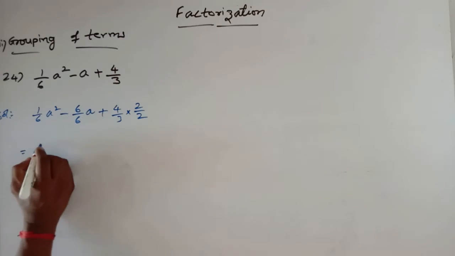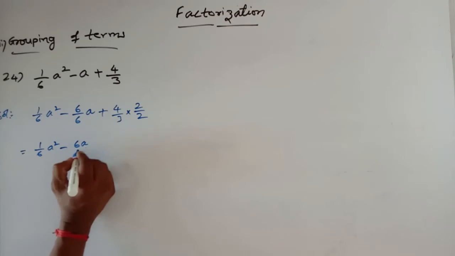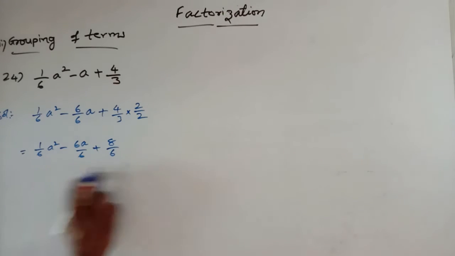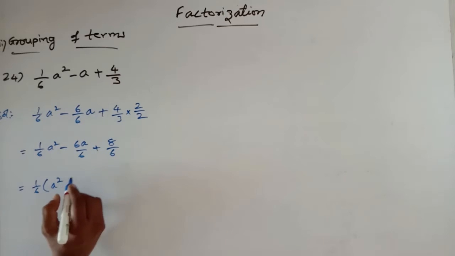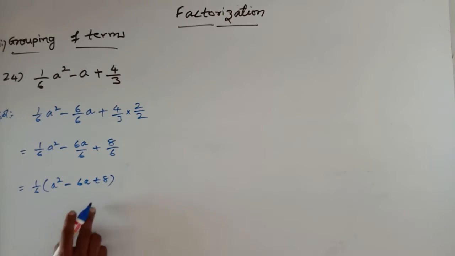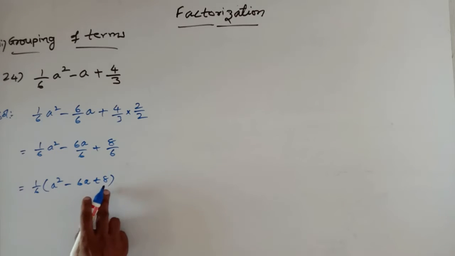Now that equal to 1 by 6 a square minus 6a by 6 plus 8 by 6. Now I am taking 1 by 6 common. Then a square minus 6a plus 8. Now same, I am going to do grouping of terms here.